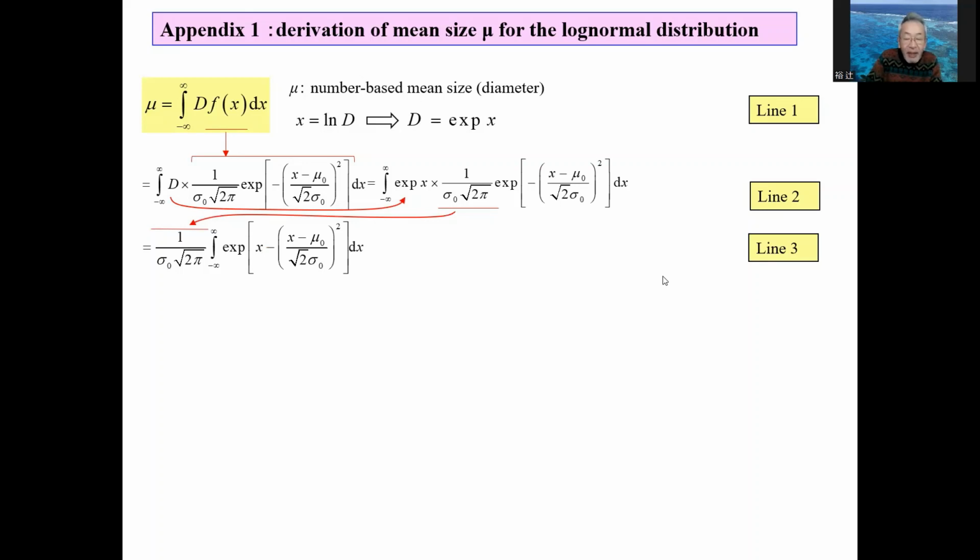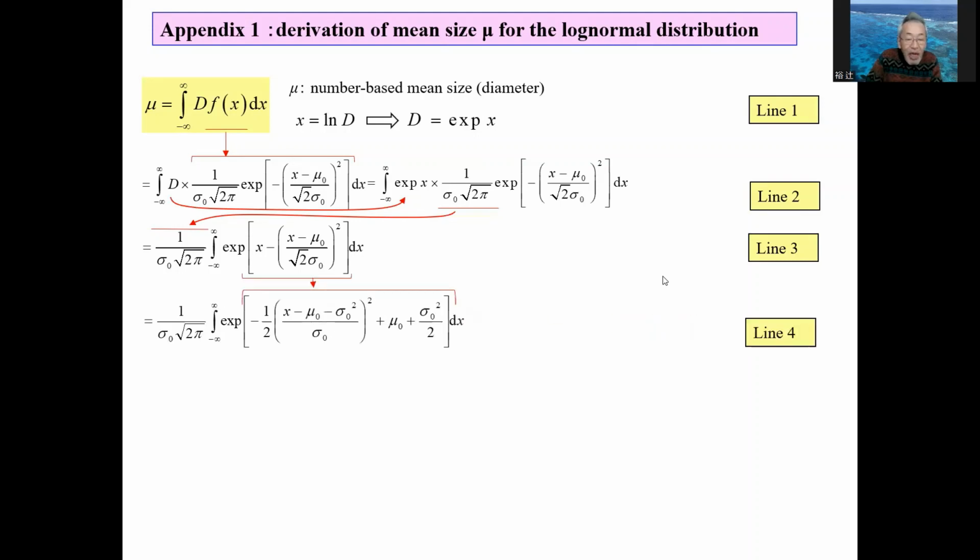There are two terms containing x in the exponential function. If you combine these two x terms into one, you obtain the equation on the fourth line.